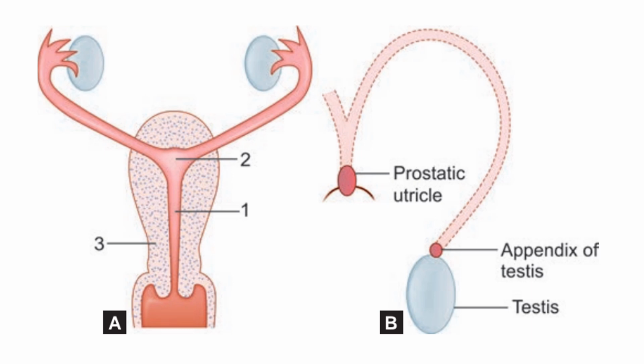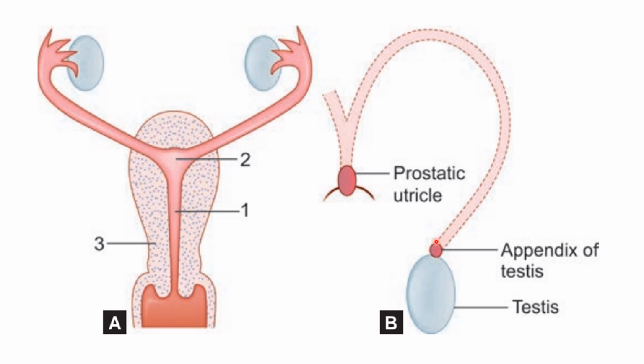Now what happens in male? What happens to the paramesonephric ducts in the male? They will remain rudimentary in the male. Greater part of each paramesonephric duct will eventually disappear. But the cranial part of the duct will persist as a small rounded body that is attached to the testis, and that will be known as the appendix of testis, that may occasionally give rise to a cyst.